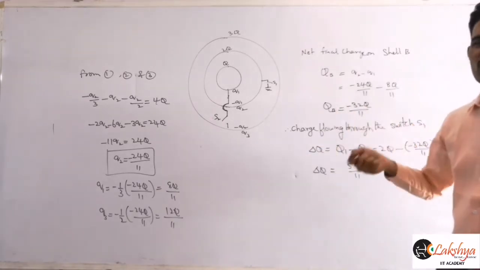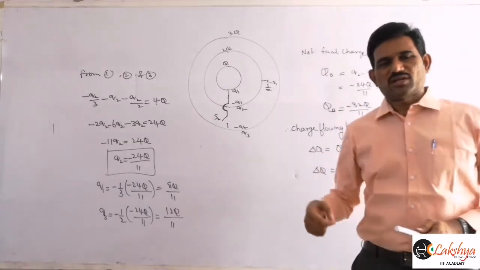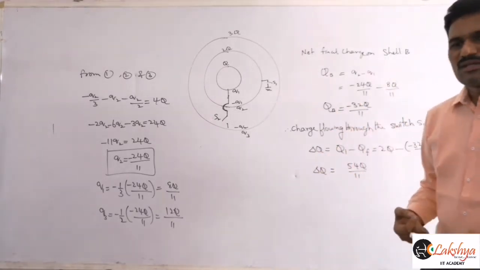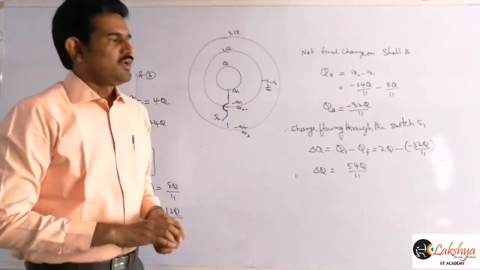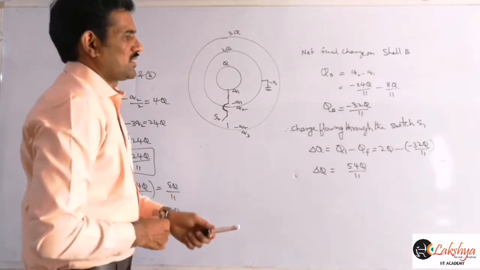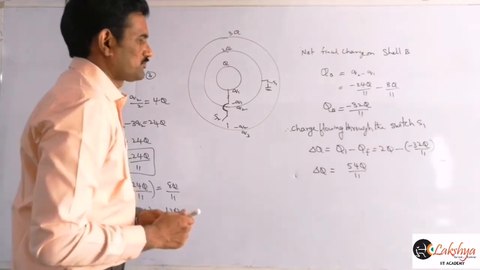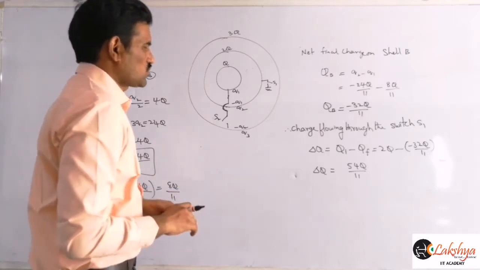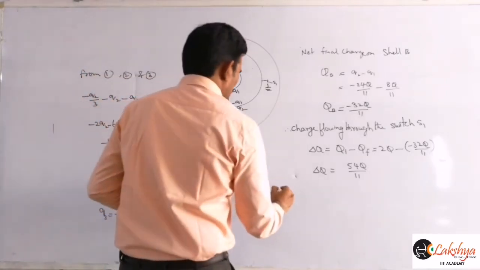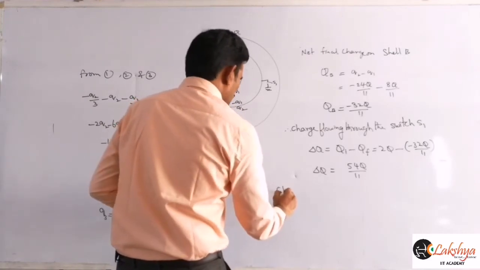So you need to identify whether the charge flowing is positive or negative, and take the sign accordingly. Based on that we can consider this calculation here, if you are finding the charge flowing through the switch S2.